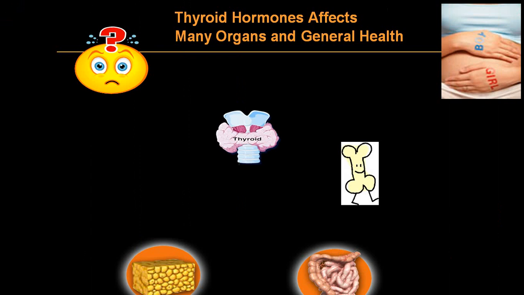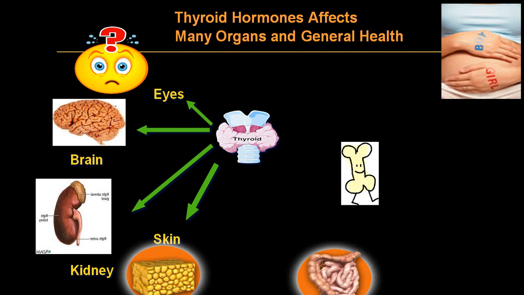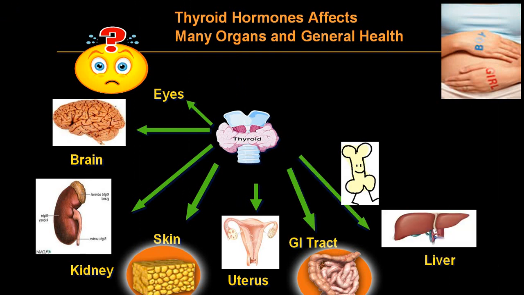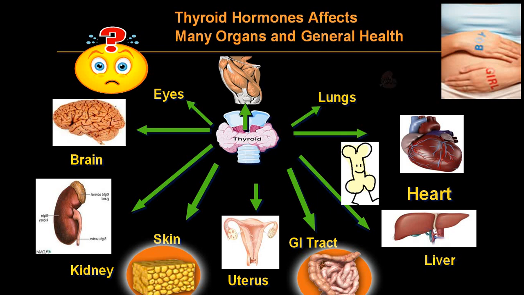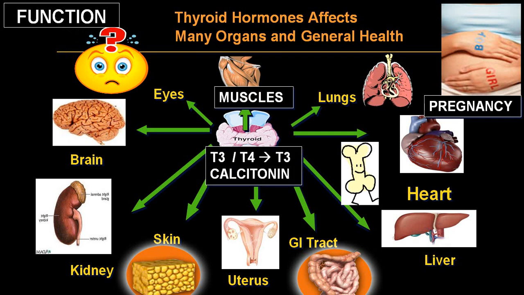So it will be acting on almost all structures of the body: eye, brain, kidney, skin, uterus, gonads, ovary, testis, GI tract, liver, heart, lungs, muscles, etc. Also, it is very useful during pregnancy, helping the mother as well as the fetus. T3 and T4 are the most active, out of which T4 has to be converted into T3 before action.